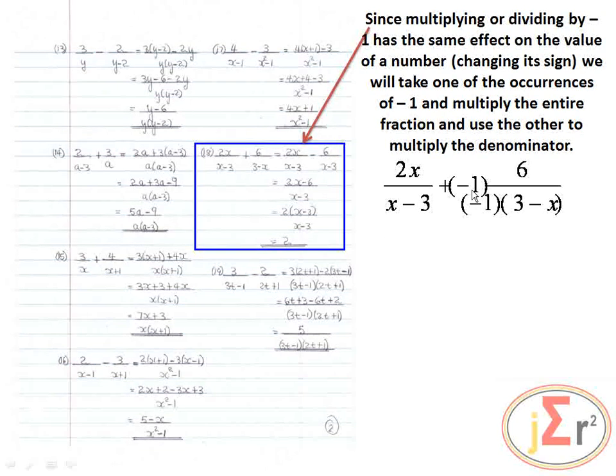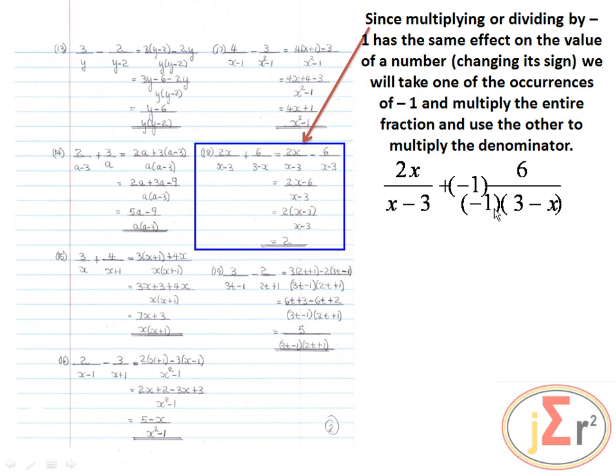Notice that by including negative 1 here and negative 1 here, overall we have not affected the value of the fraction. But this negative 1 here will cause the sign of the entire fraction to change.